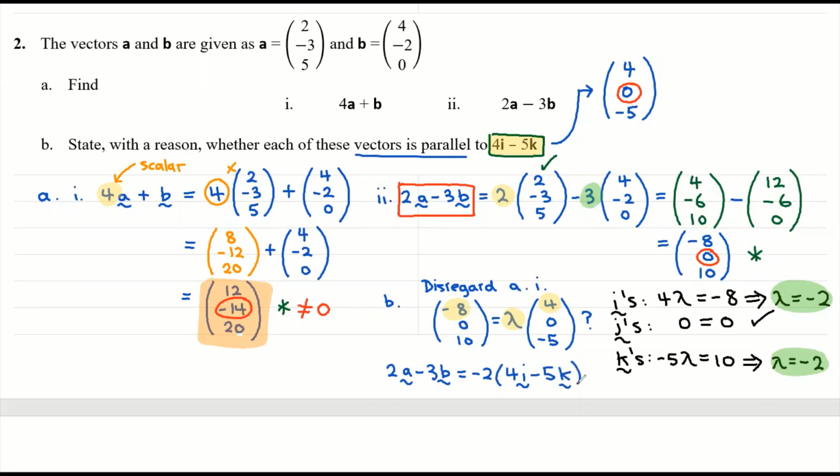We have just shown that is the case. So that, because it's a scalar multiple, hence they are parallel. And the reason is the mathematical argument that I've just given.